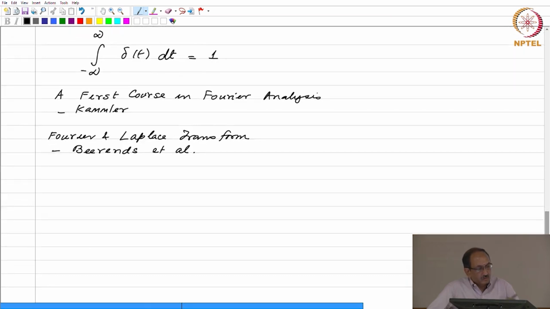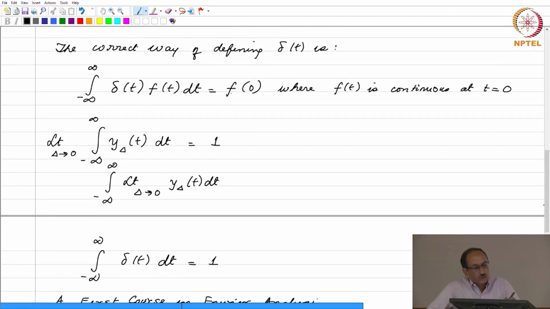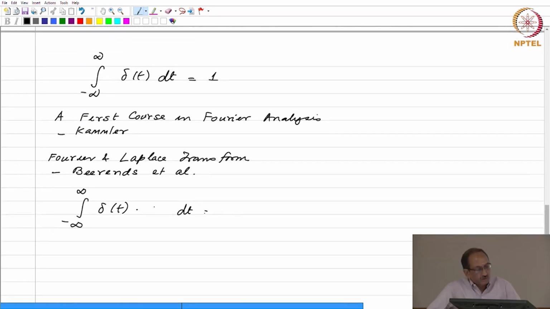So this definition, that is the integral of delta of t times f of t dt equals f of 0. So that immediately gives us the fact that the area under the delta function is 1.